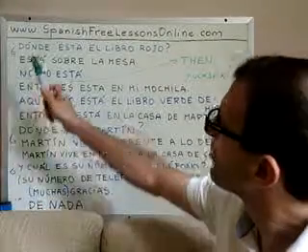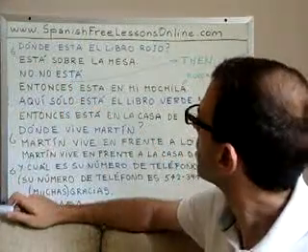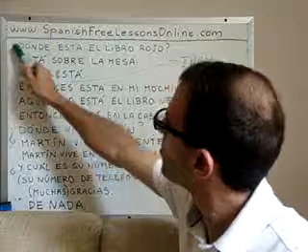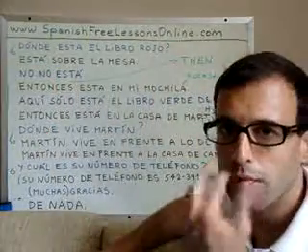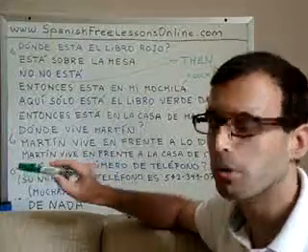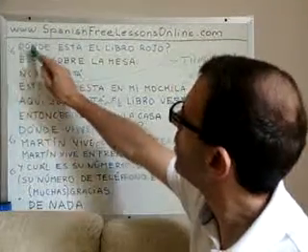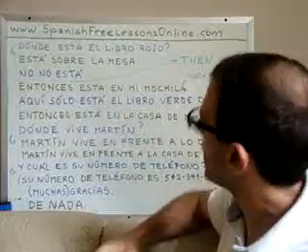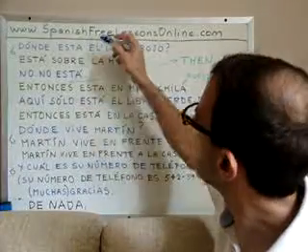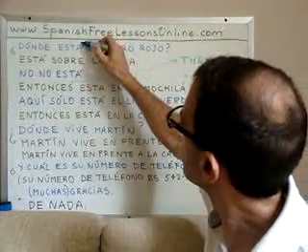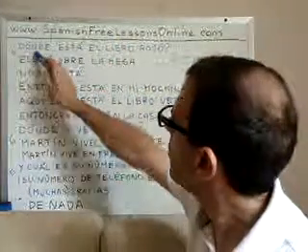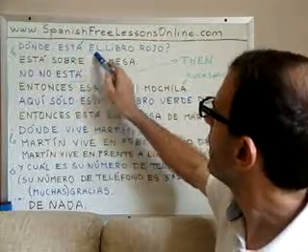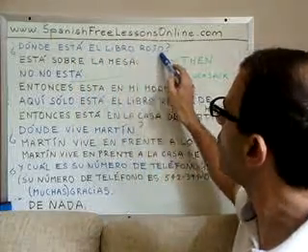So let's begin. Here we have question marks, open question marks and close question marks. As in Spanish, you need to open the question mark, okay? ¿Dónde está el libro rojo? That has a tilde there. ¿Dónde está el libro rojo?